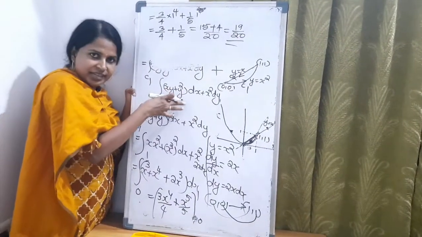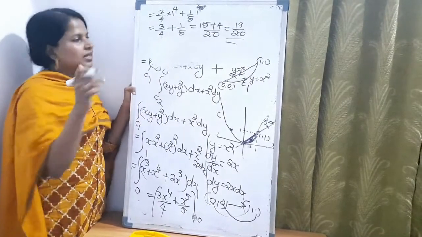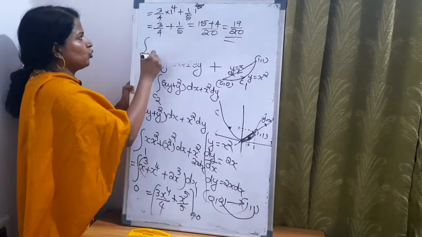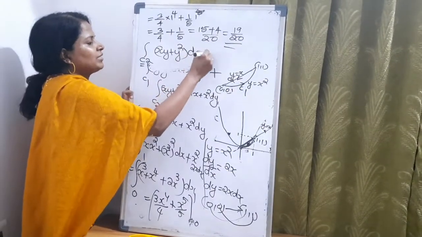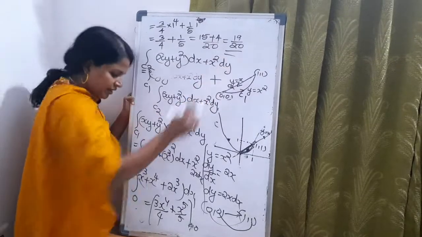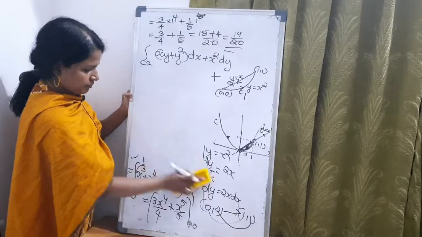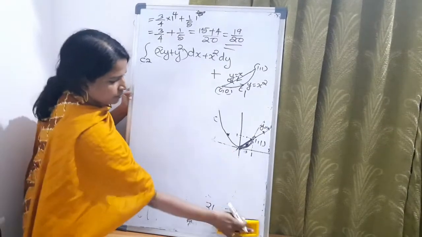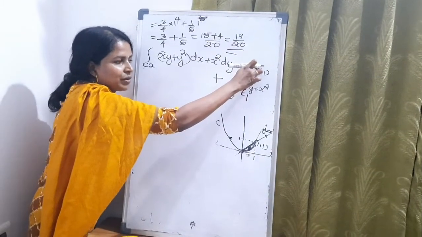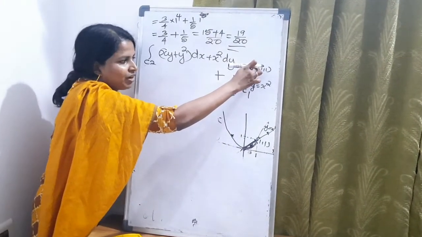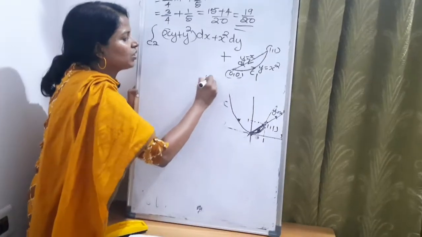But one more part is there, the integral over C2. The sum of C1 and C2 is the LHS. Then we find the integral over C2 of (xy + y²) dx + x² dy. Listen. The second part starts from (1, 1) to (0, 0) through a line. That is, the equation is y equal to x.